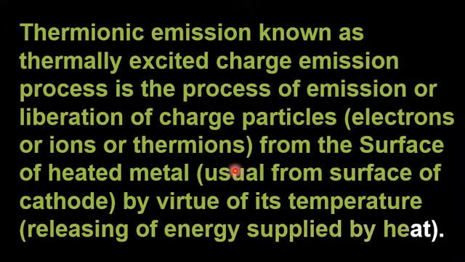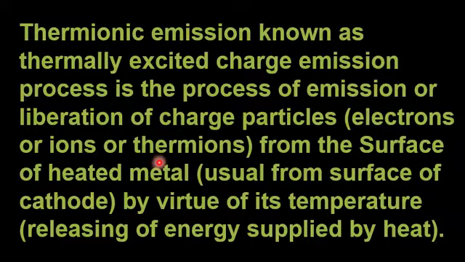So in the thermionic emission process, the charged particles, which may be electron, ion, or they are collectively known as thermion, may be ejected from the surface of the metal if the metal is heated up to a certain temperature, and this process is known as thermionic emission process.